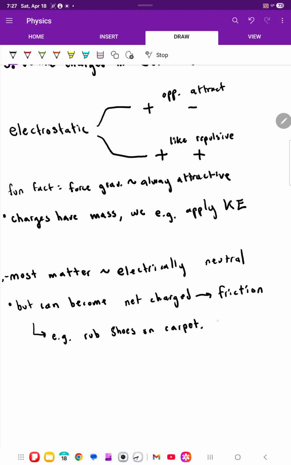What happens is when you rub your shoes on carpet, you receive electrons transferred from the carpet to your body.